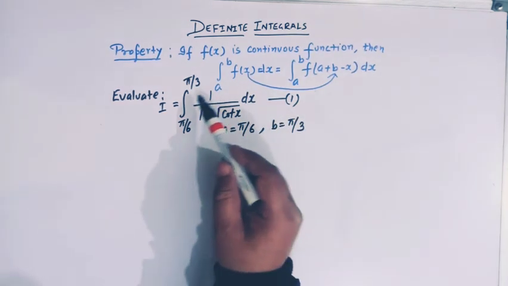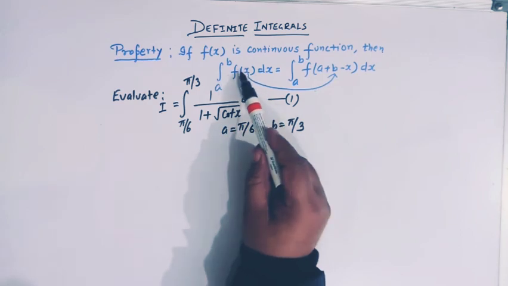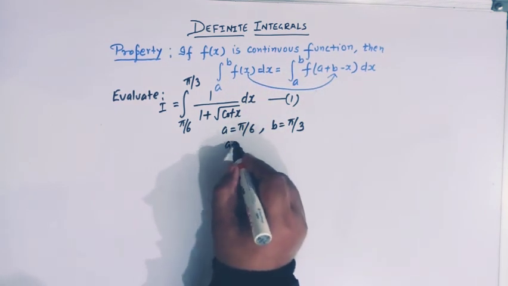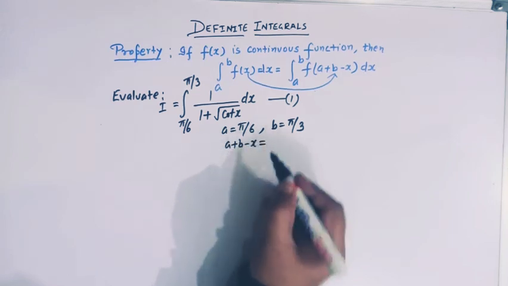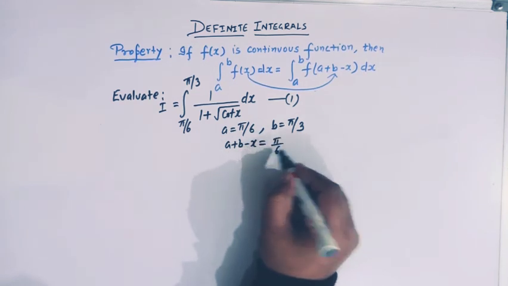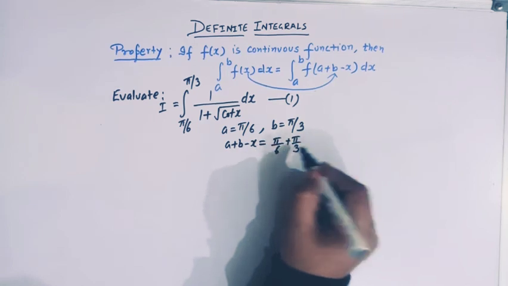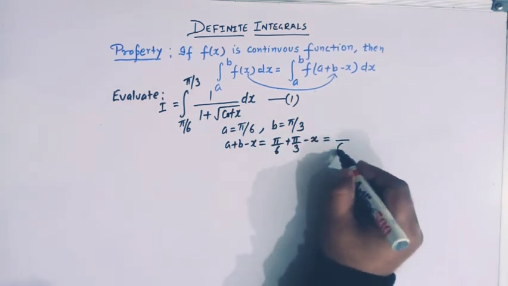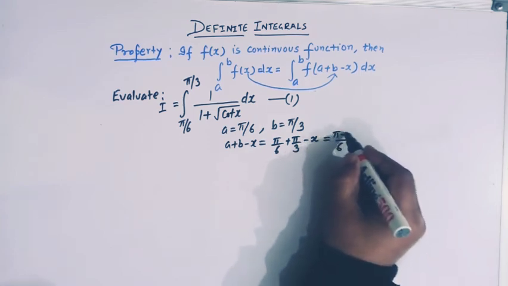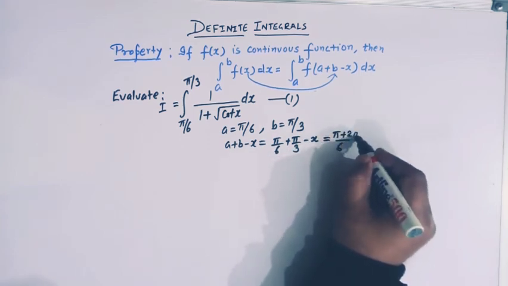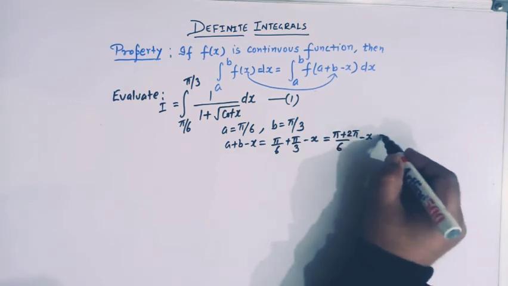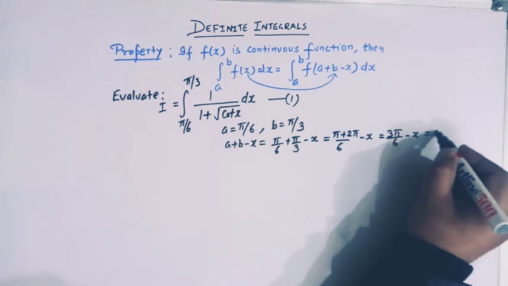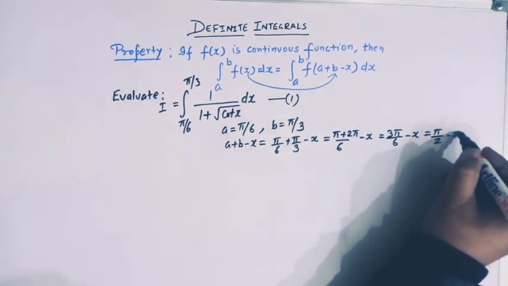So what we have to do in order to apply this property is find a plus b minus x, so this is pi by 6 plus pi by 3 minus x, and this is 3 pi by 6 minus x, so we have pi by 2 minus x.